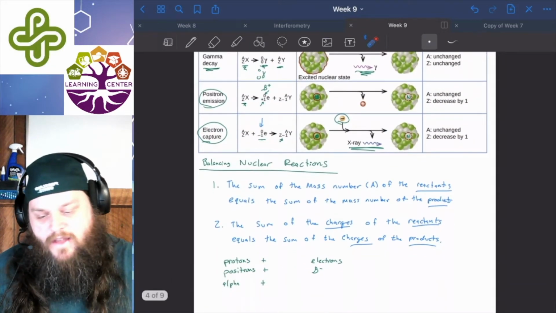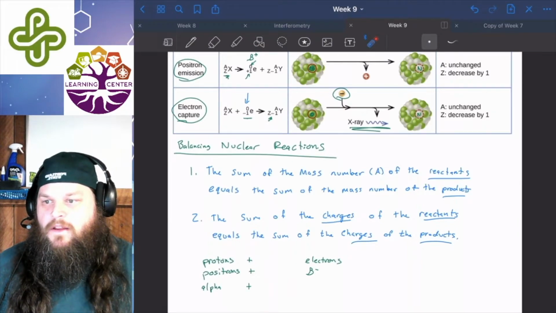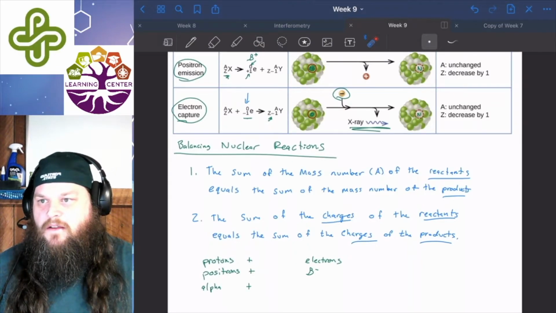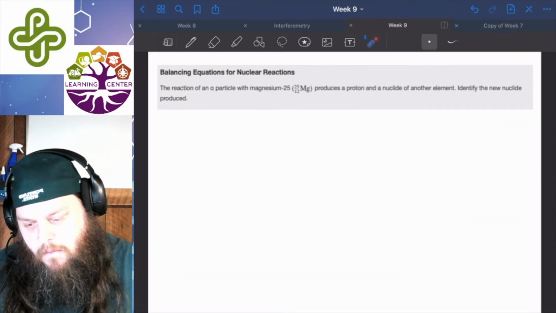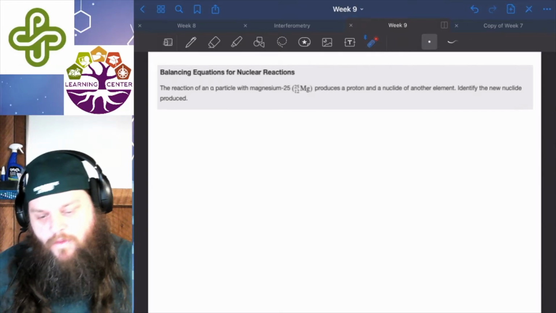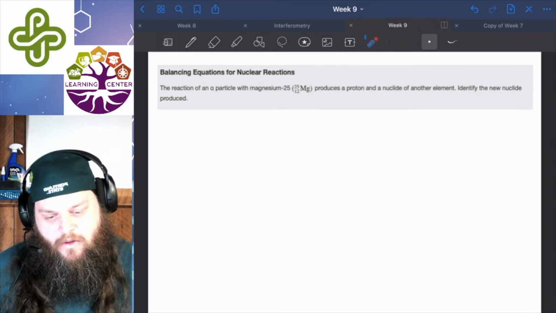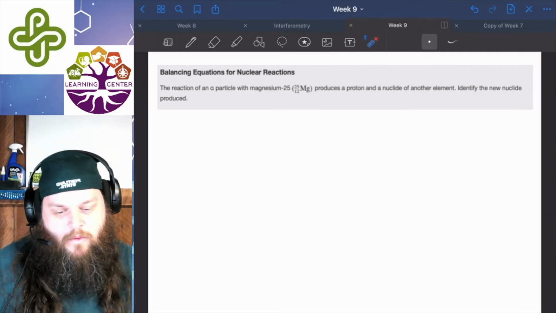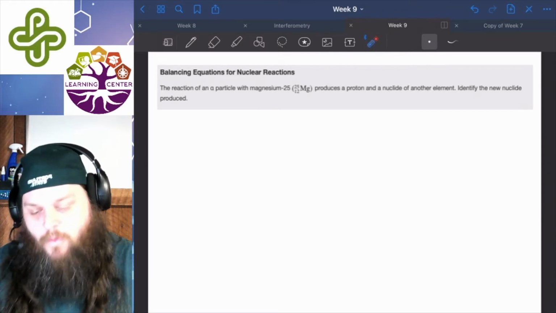So those are the steps on how to balance these nuclear reactions. And we're going to give a few of these a try here. First, we're going to look at a reaction of an alpha particle with magnesium-25, which produces a proton and a nuclide of another element. We want to identify that nuclide. So we want to work through this word problem.